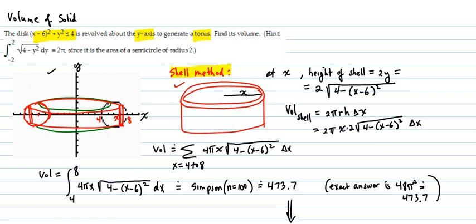So it's going to be 2 times the y, and of course the y is, when you solve for it in the equation, you get this, square root of 4 minus (x minus 6) squared, when you take this and solve for y.